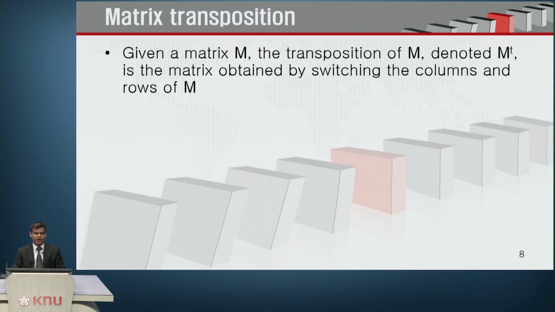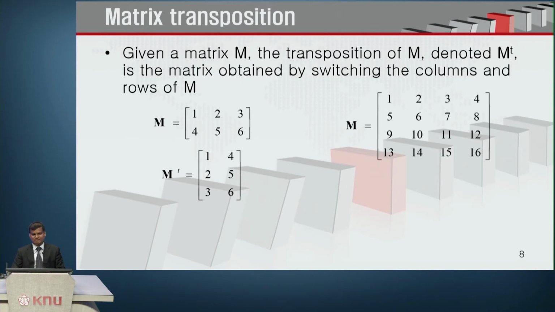Say for example, M equals 1, 2, 3, 4, 5, 6 with 2 rows and 3 columns. Then M transpose has 3 rows and 2 columns, like 1, 4, 2, 5, 3, 6.